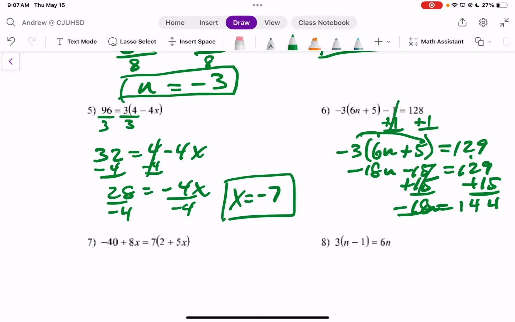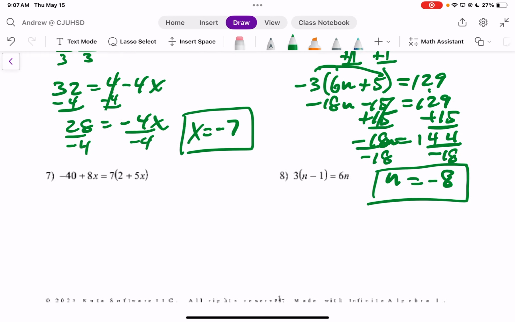So since that was a -18, n equals -8. You can always distribute. I would say don't use a shortcut unless you're really comfortable using it.